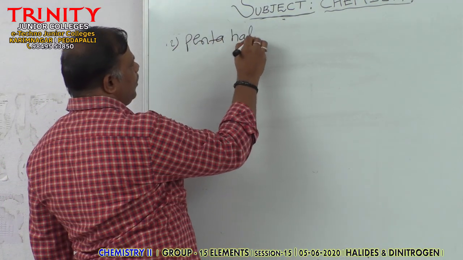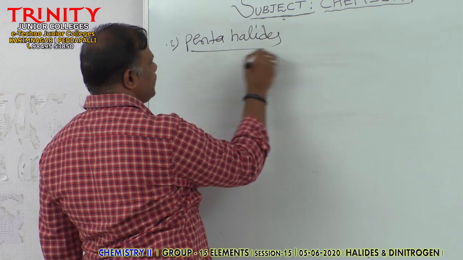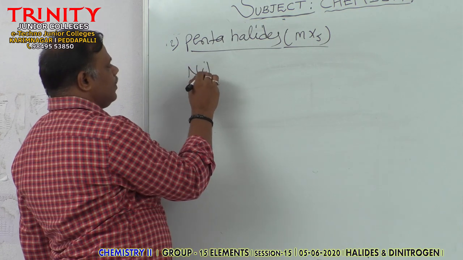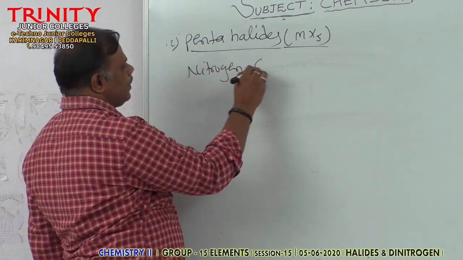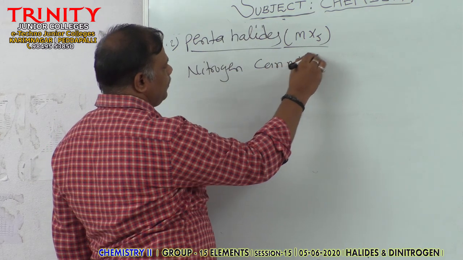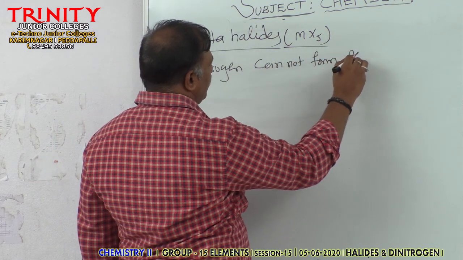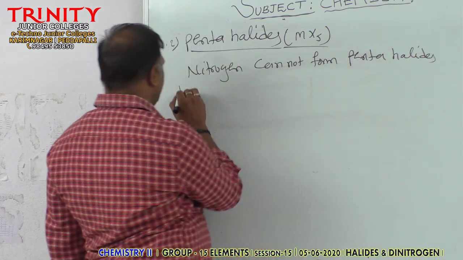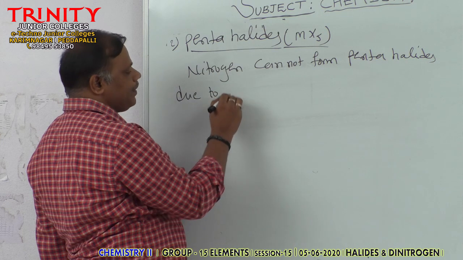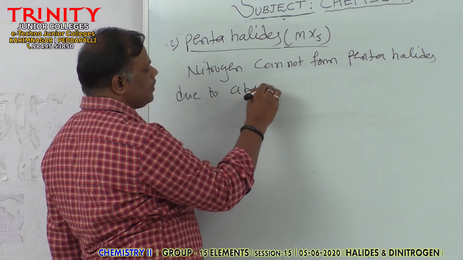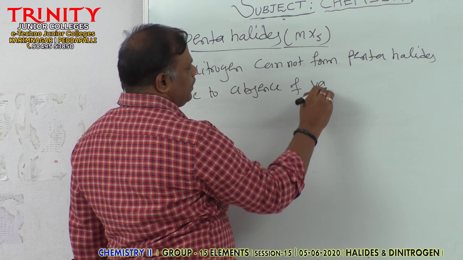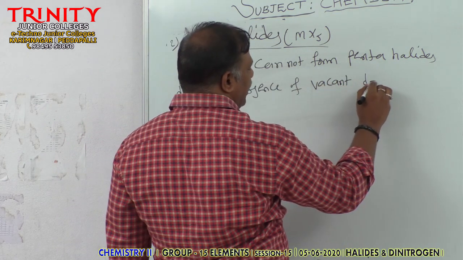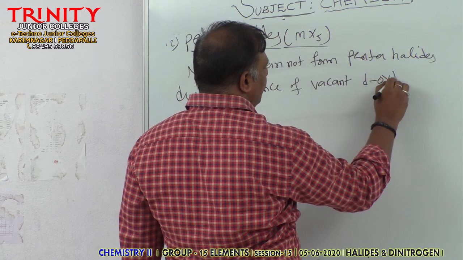Nitrogen cannot form pentahalides, MX5, due to the absence of vacant d orbitals, which means it cannot expand its valency beyond 4.